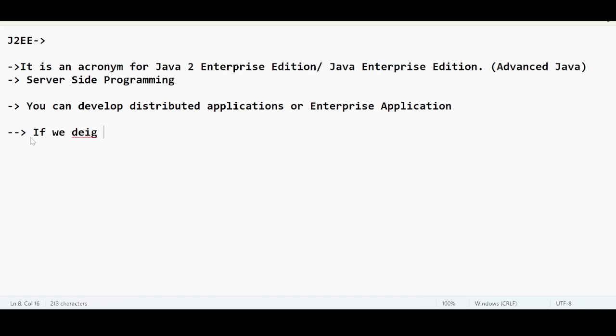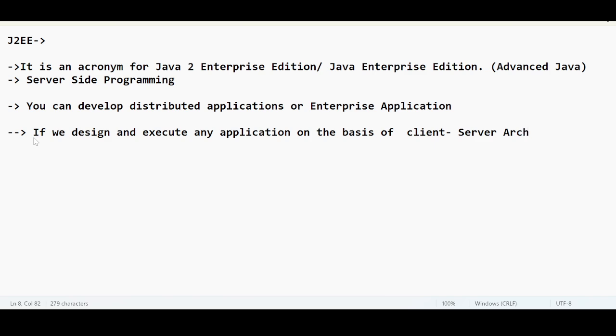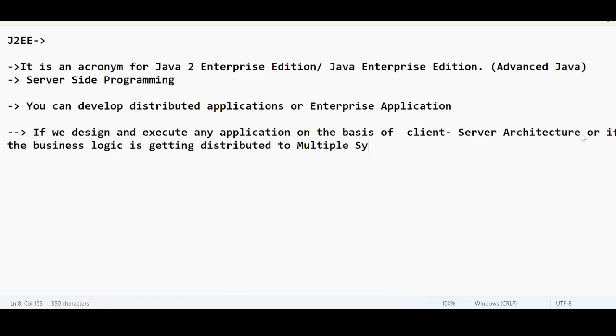If we design and execute any application on the basis of client server architecture, just remember this, any application that is designed on the basis of client server architecture, or if the business logic is getting distributed to multiple systems, it is called server side programming.